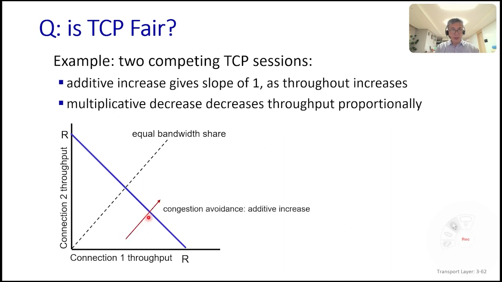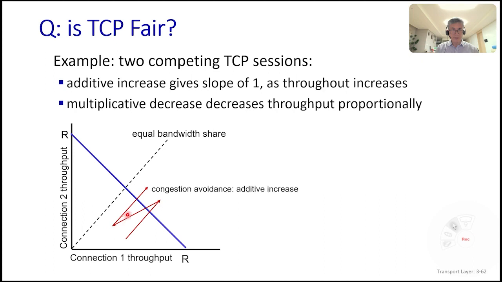Throughput increases linearly according to congestion avoidance, additive increase, but loss typically happens. Then the window CWND is set to half of CWND, which means decreasing the window by a factor of 2, and then it increases linearly again, and so on.